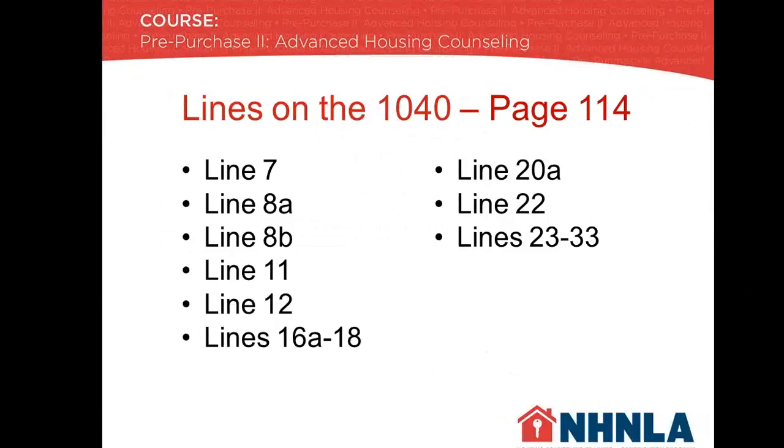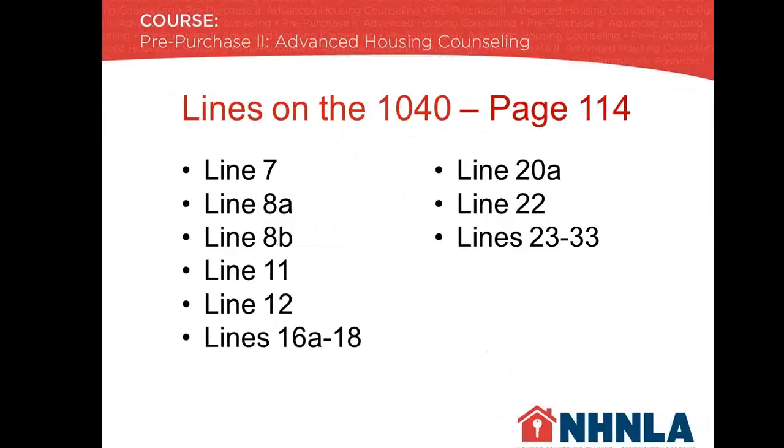Lines 16 through 18 address miscellaneous income that may or may not be relevant. Line 20A regards Social Security benefits, and of course those also are grossed up. Line 22 is the borrower's taxable income, but again, that's the total, but this number is not used when you're working with self-employed clients. That's what this section is about.